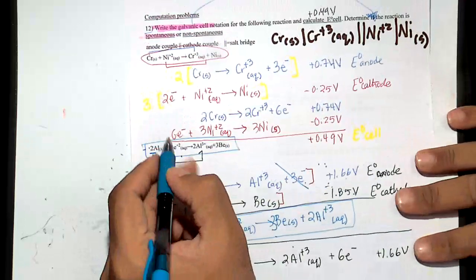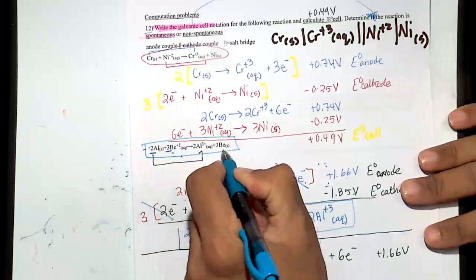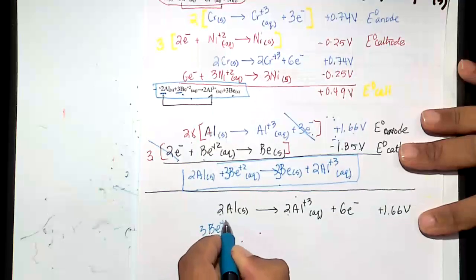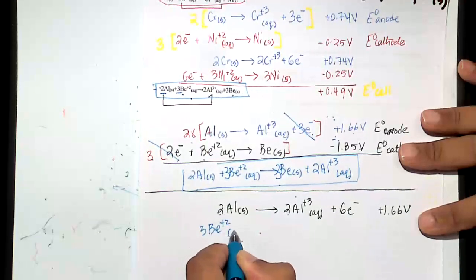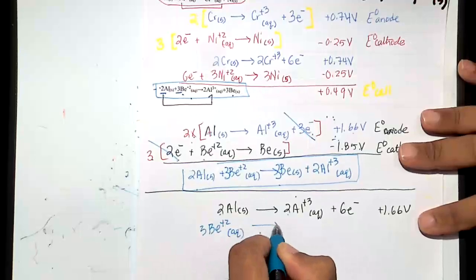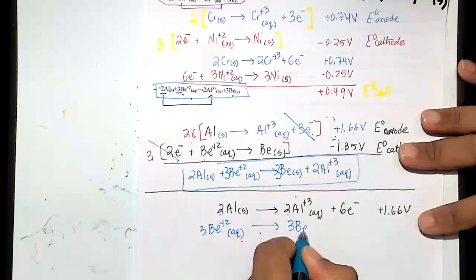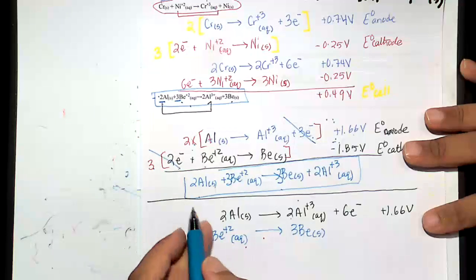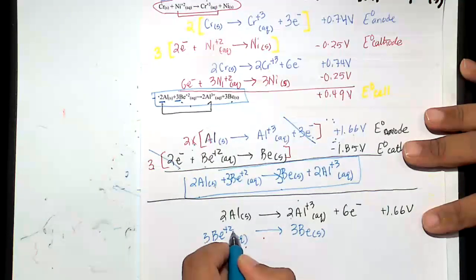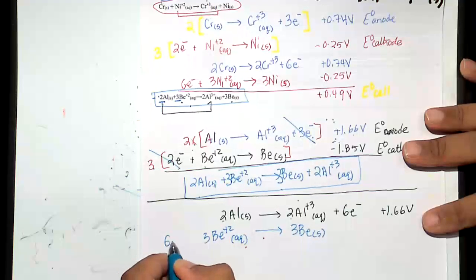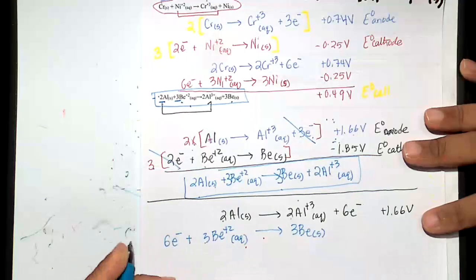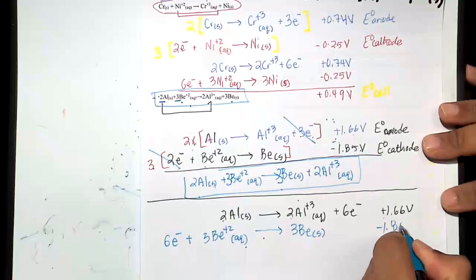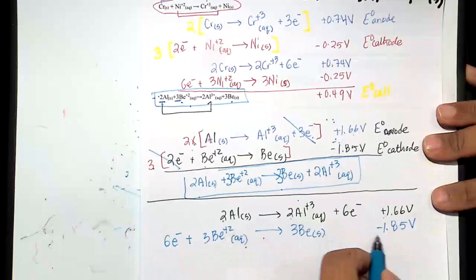Okay, this is 3Be plus 2 aqueous going to 3Be solid. How many electrons and where should I put them? 3 times 2 is positive 6. So I'm going to put 6 electrons, 6e minus here. And like I said, these numbers never change, just the sign.